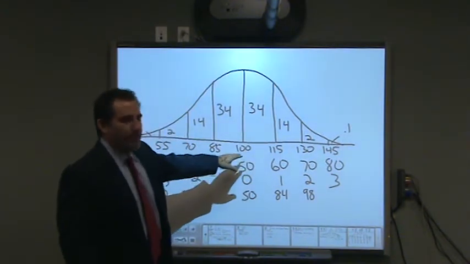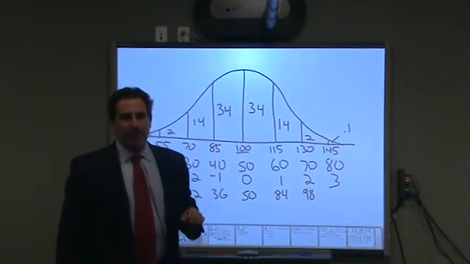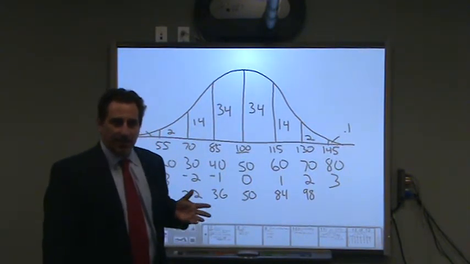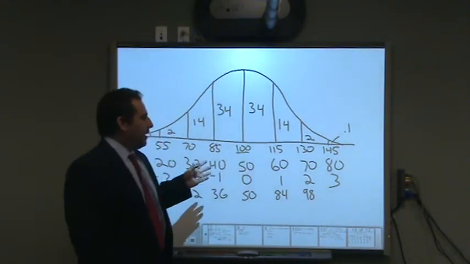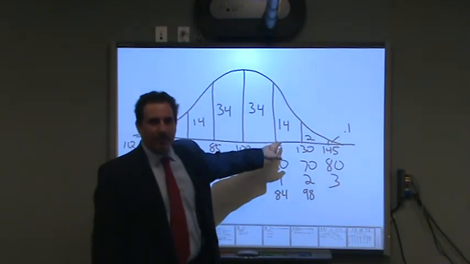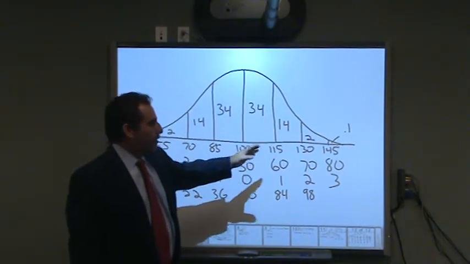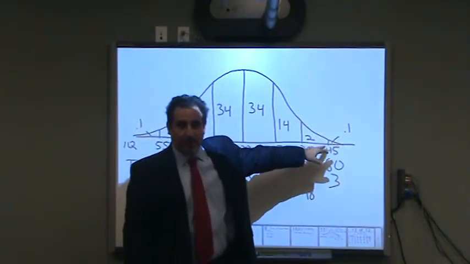As I'm sure you all know, the mean of the IQ test is 100 and the standard deviation is 15. So if somebody has a score of 115, we know that they're here on the normal curve. If they have a score of 145, they're over there.